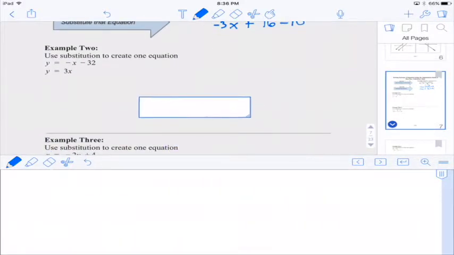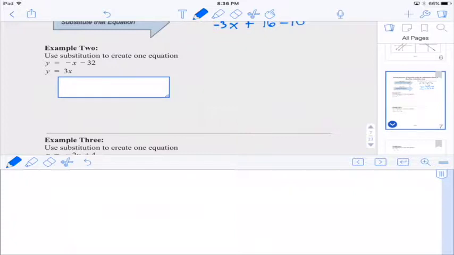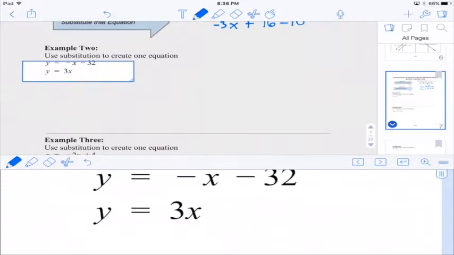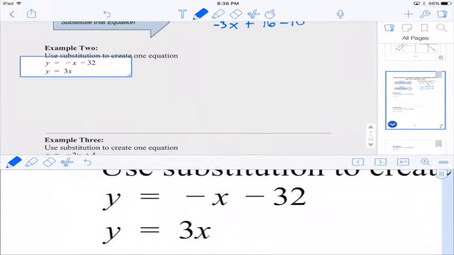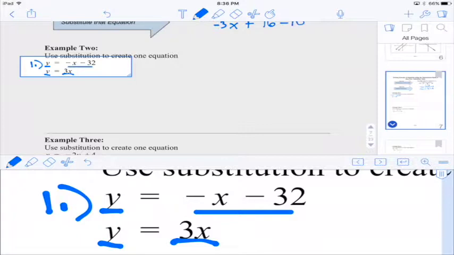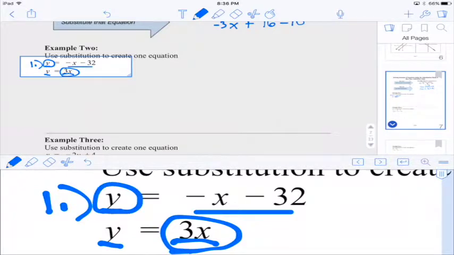Okay, so same thing. We want to solve one equation for y. Well, both of them are already solved for y. y equals negative x minus 32, and y also equals 3x. So I'm going to take my first equation and substitute that 3x in for this y.